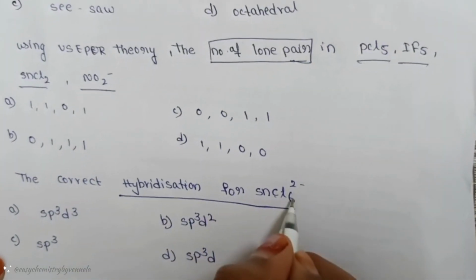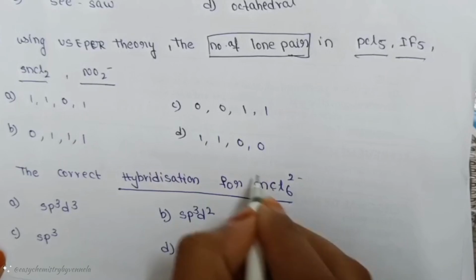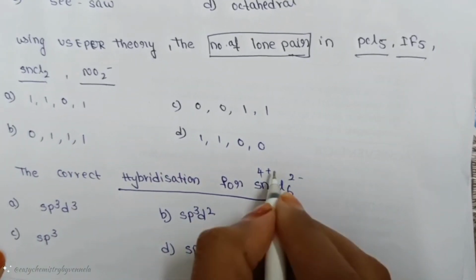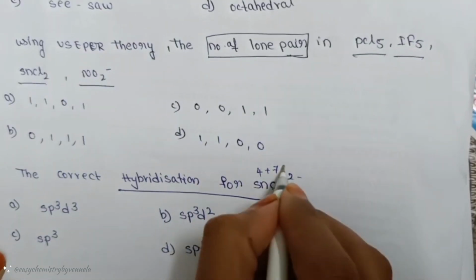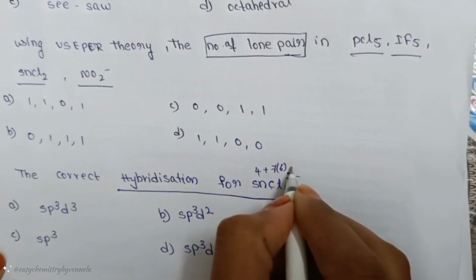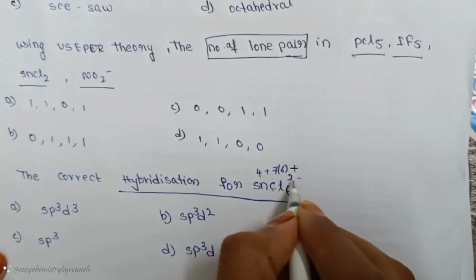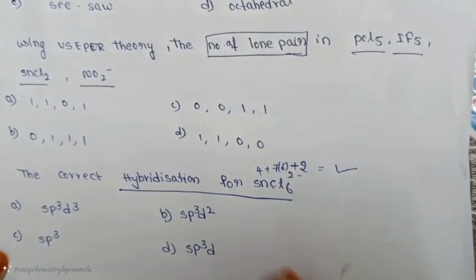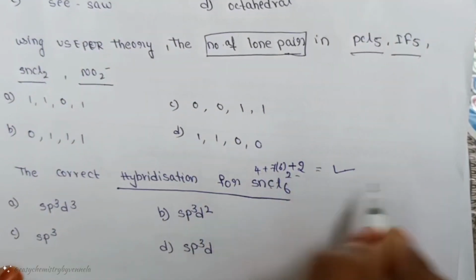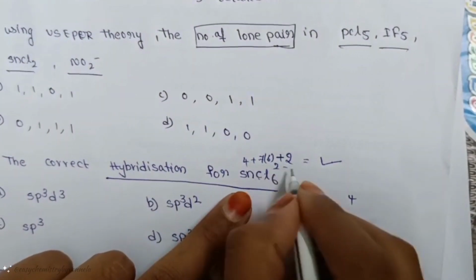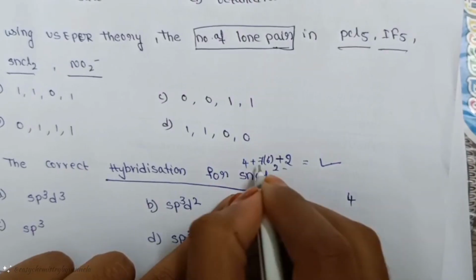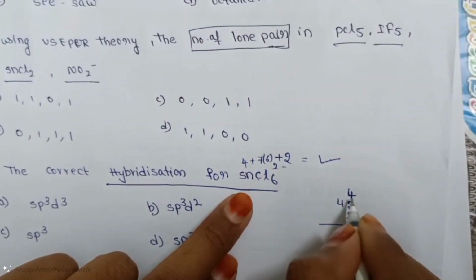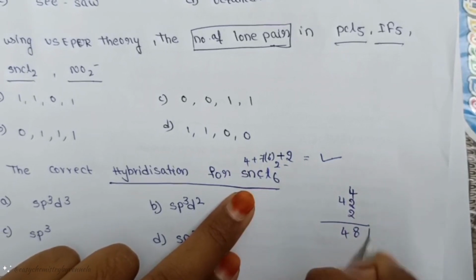Then hybridization for SnCl6 2 minus. Sn, what is the group number? 4. Plus, what is the chlorine group number? 7. How many chlorines are there? 6. Plus, how many negative charges are there? 2. So you can find out the answer easily. So here I am giving 4 plus 42, 7 6s are 42, plus 2, 48.